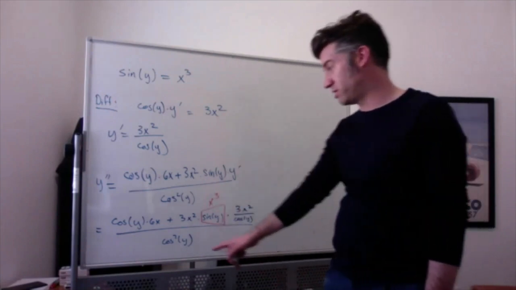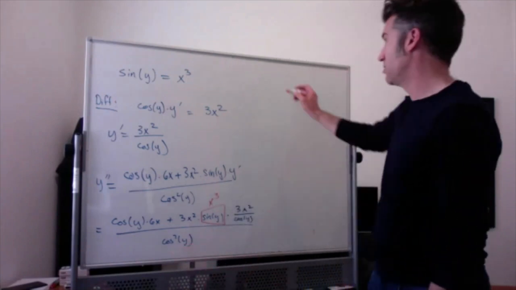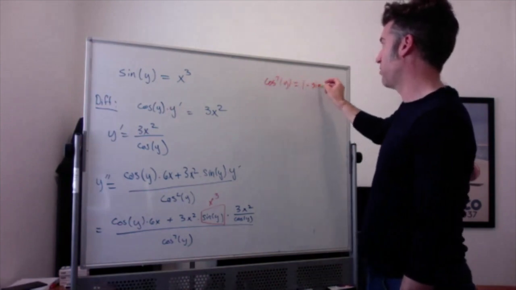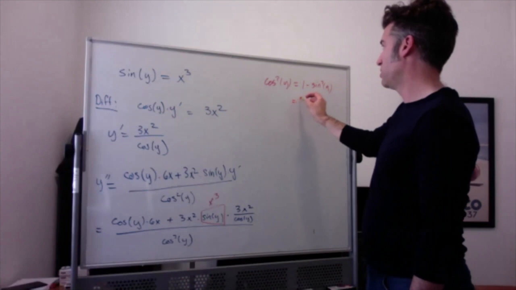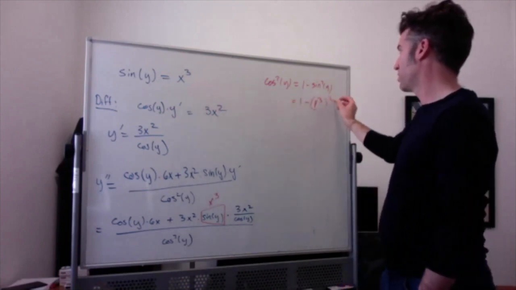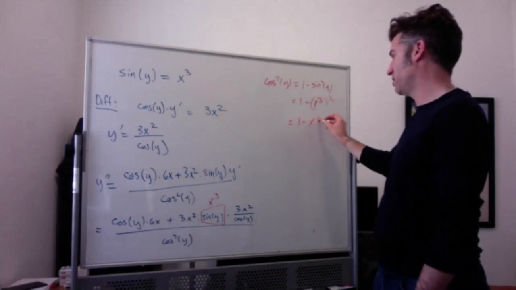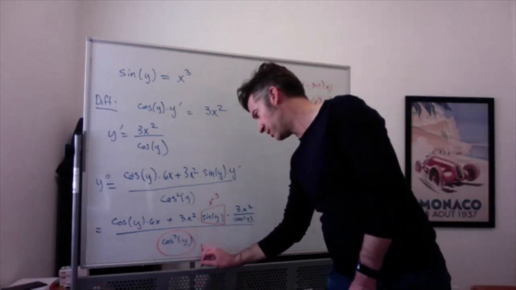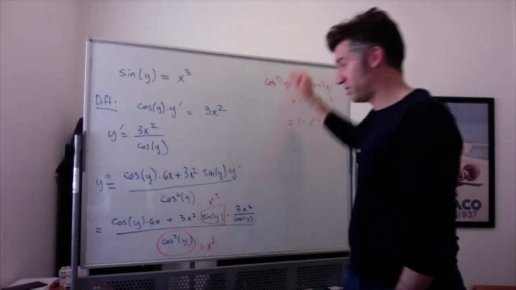And you could totally replace cosine squared, which is 1 minus sine squared of y, which is 1 minus x cubed squared, which is 1 minus x to the 6th. Oh, that sounds familiar. The denominator is 1 minus x to the 6th.